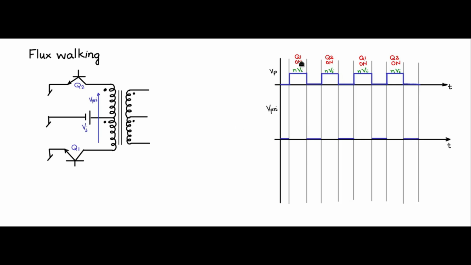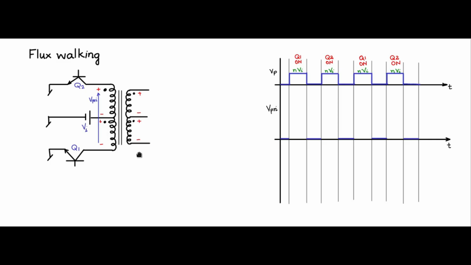And during the time when Q1 is on, the non-dot end will be connected to the ground, 0 potential. The dot end is connected to VI, and therefore the voltage here would be VI with the dot end positive. So all the dot ends will be positive with respect to their non-dot ends, even on the secondary side.